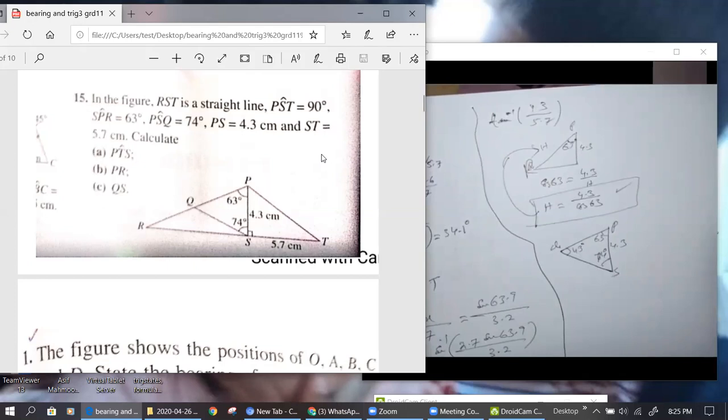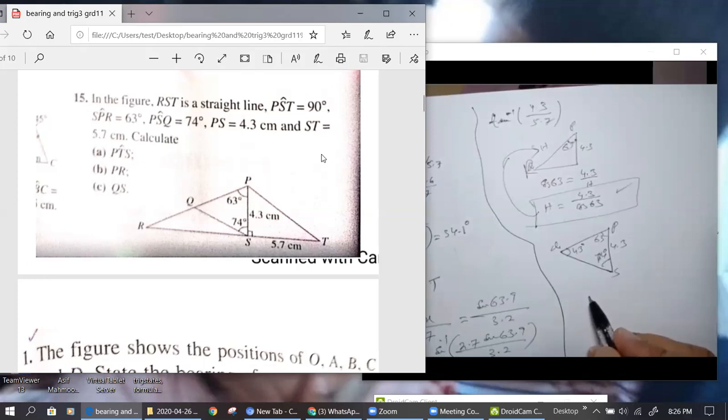What will you apply to find QS? Now tell me. QS will be the sine rule. So what should I write over here? Let's start with QS.